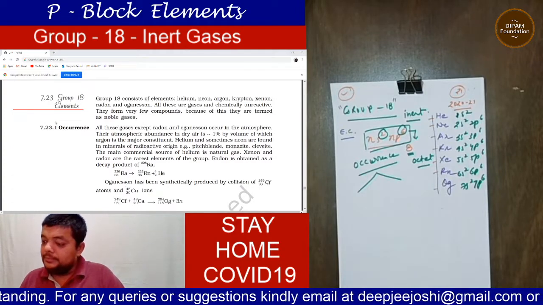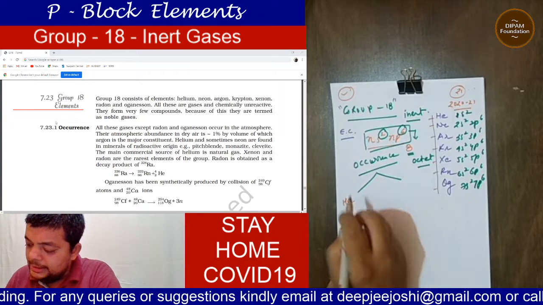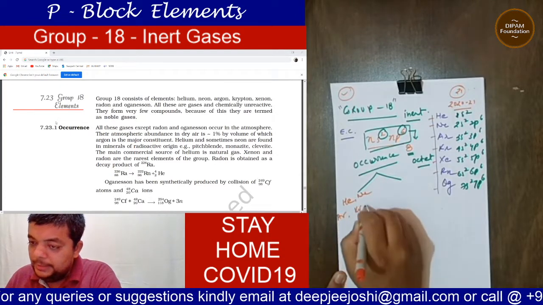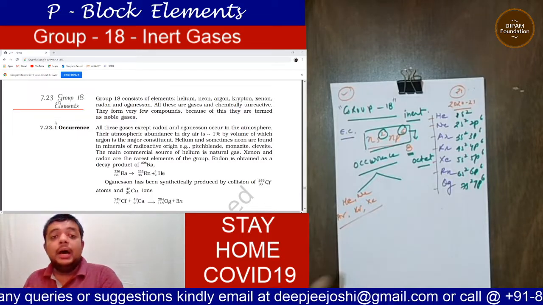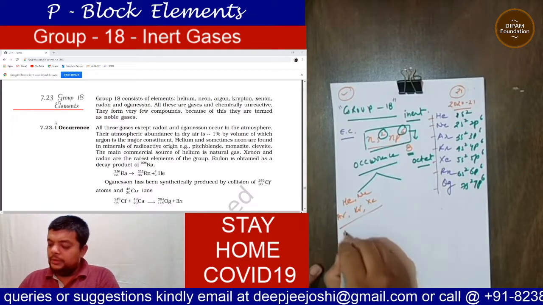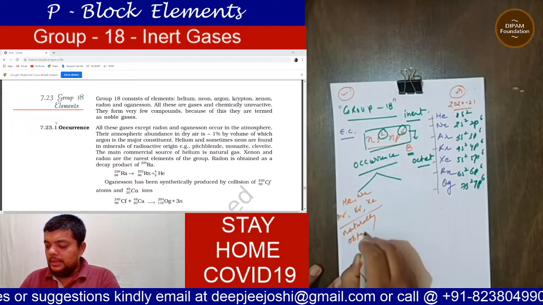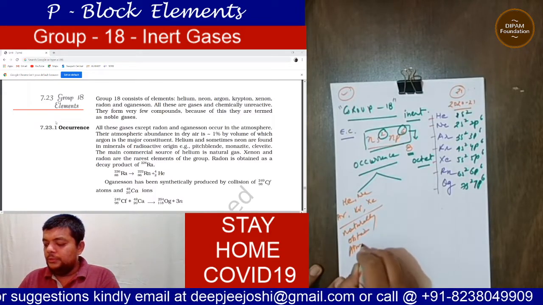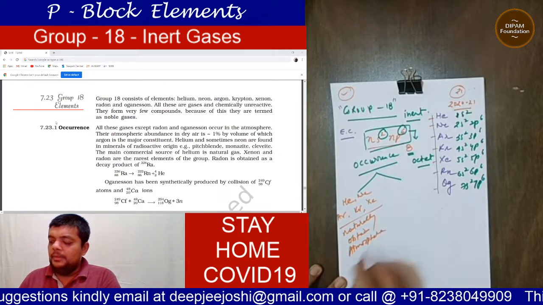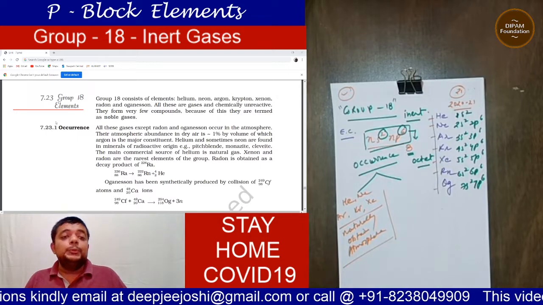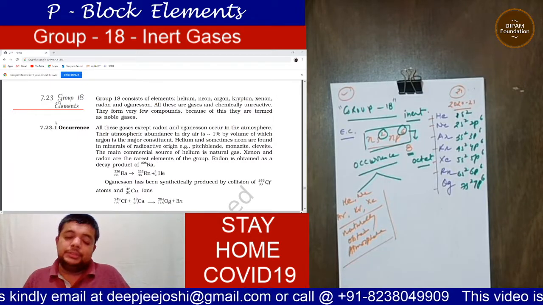Helium, neon, argon, krypton, and xenon are those elements which are naturally obtained from the atmosphere in some composition or other. We'll see the percentages in the reference.